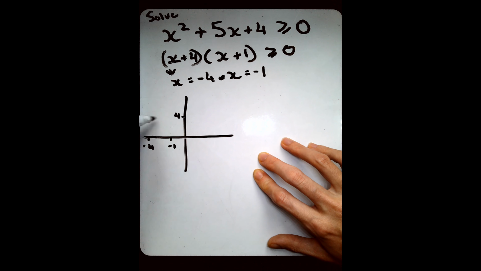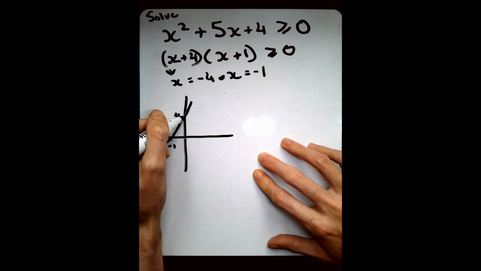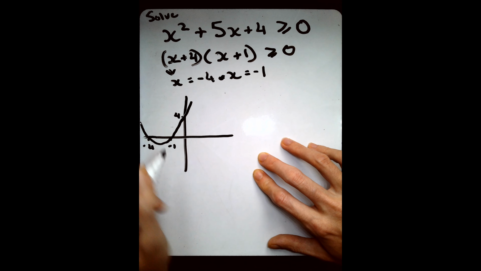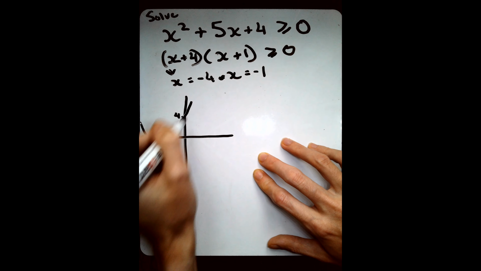It's going to be a curve which is going to come down through negative 4, back up through negative 1, and then it's going to go through my y-axis at 4. Okay, so it's going to look something like that. So there's my quadratic curve.